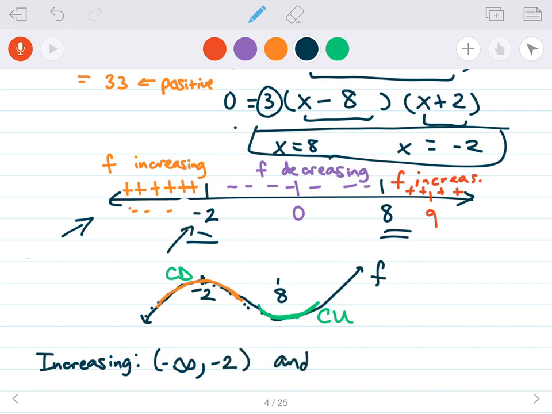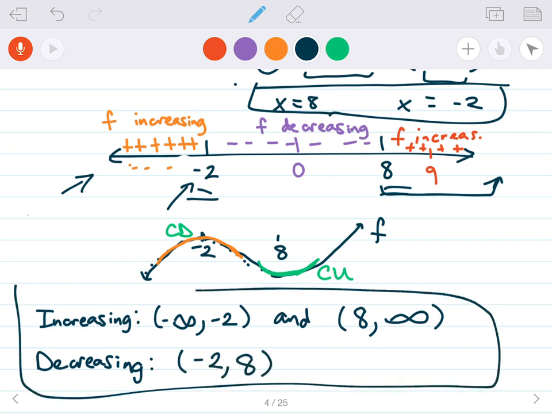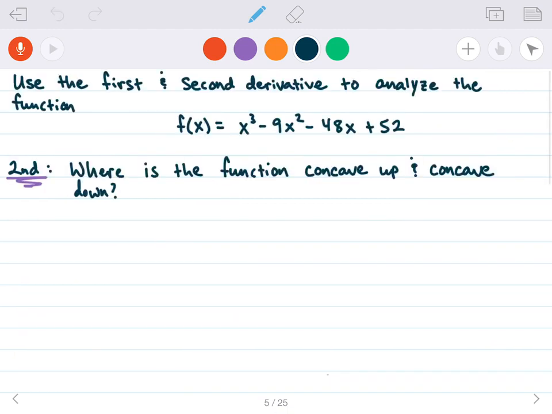And not only that, but it's increasing starting at x equals 8 on forever to infinity. And it's decreasing between negative 2 and positive 8. So that's what we were looking for. That's our answer here, where it's increasing and decreasing.